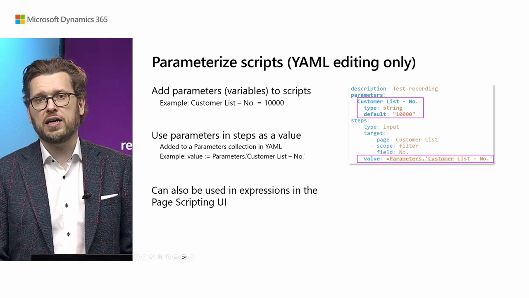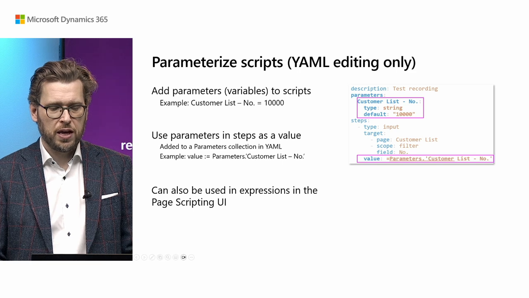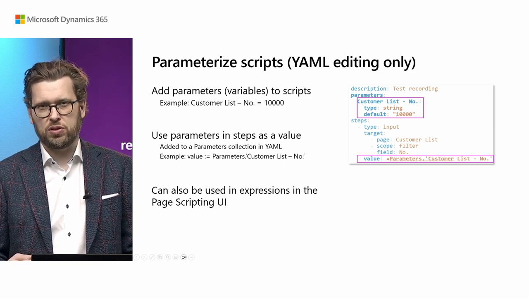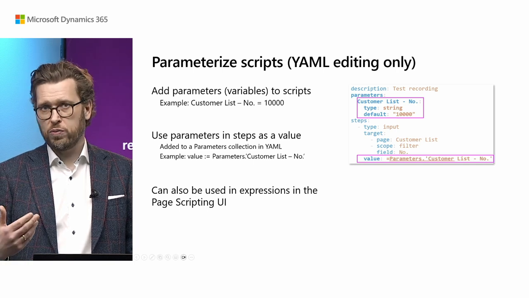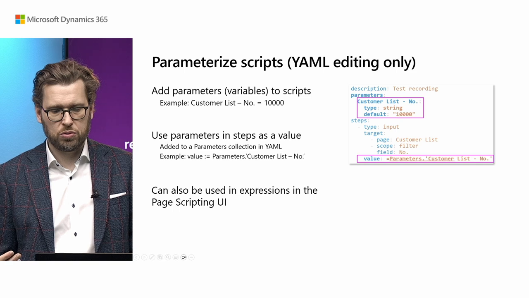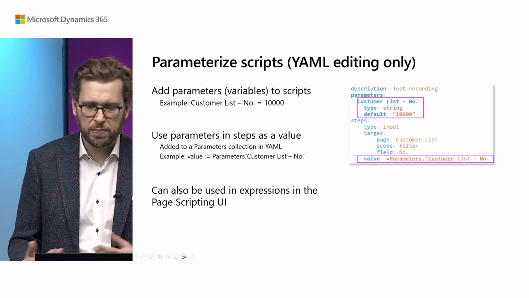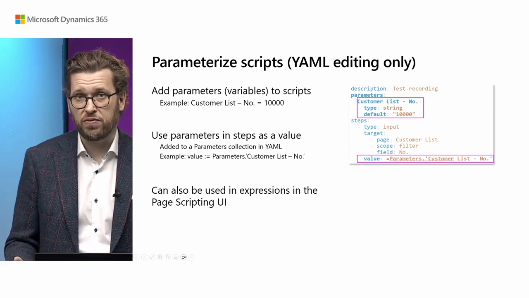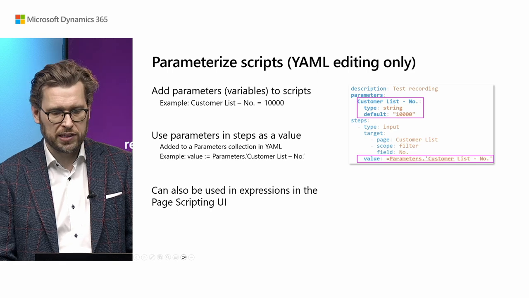The first one is that, as I mentioned a little earlier when we talked about the expressions, you can parameterize scripts. That's basically the equivalent of setting some variables that you can then use throughout the script, to make it more robust and easier if you want to change that value, so you don't have to change it in many places in the script, but just in the parameter list.